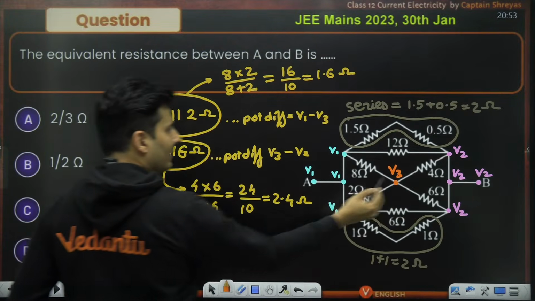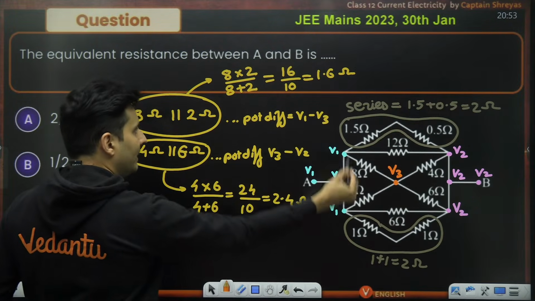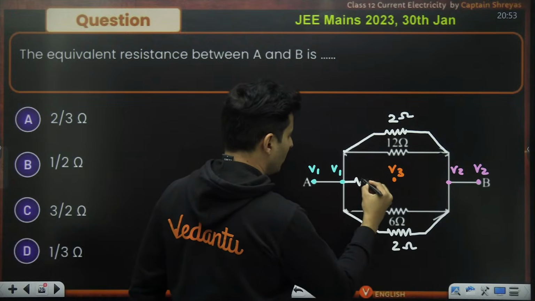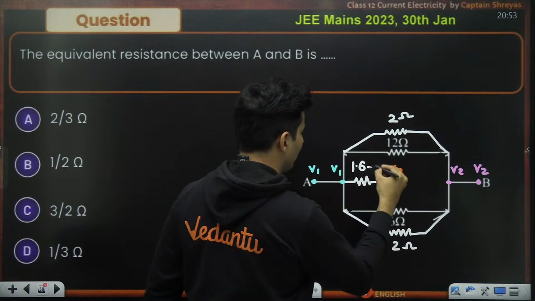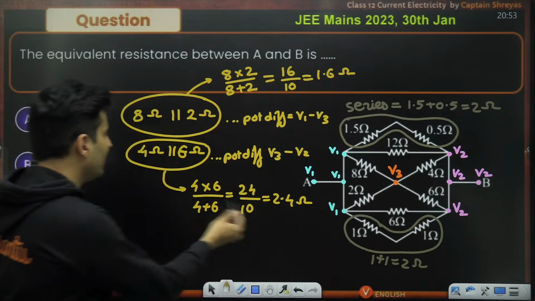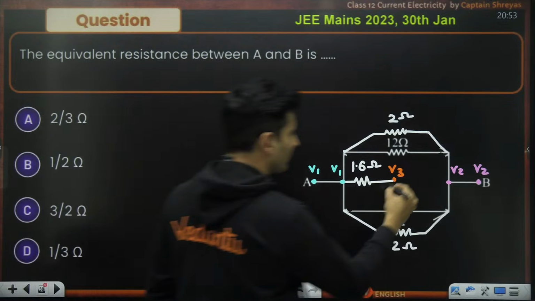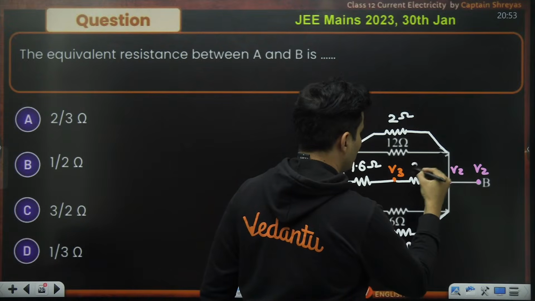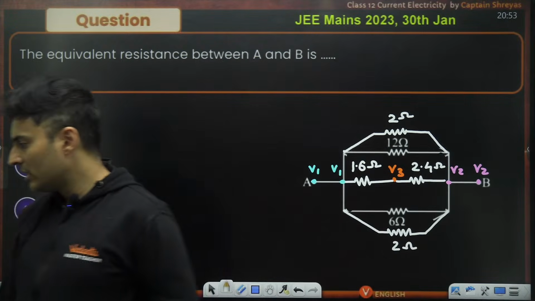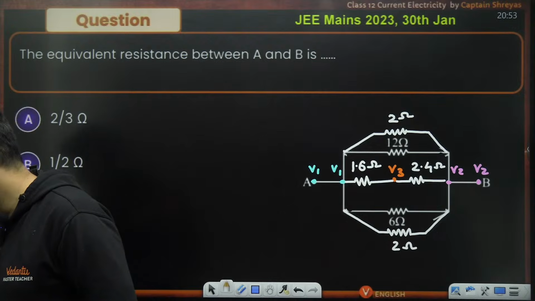Is that right? V1, V3, V2. 8 and 2 together was 1.6, so I can just put over here a single resistance of 1.6 ohms, and between V3 and V2 it was 2.4 ohms. Is that right, everyone? With me on this?